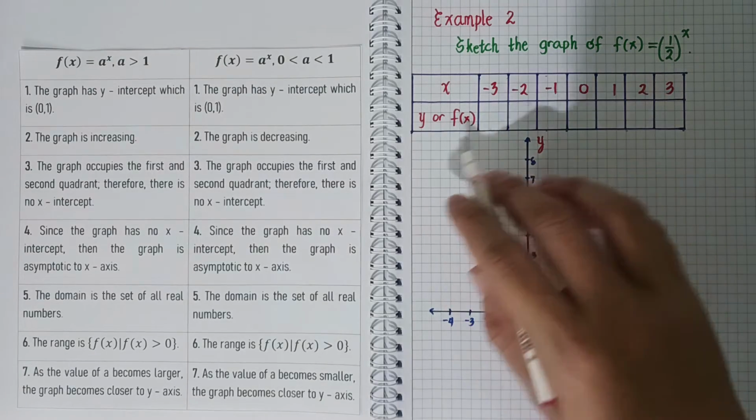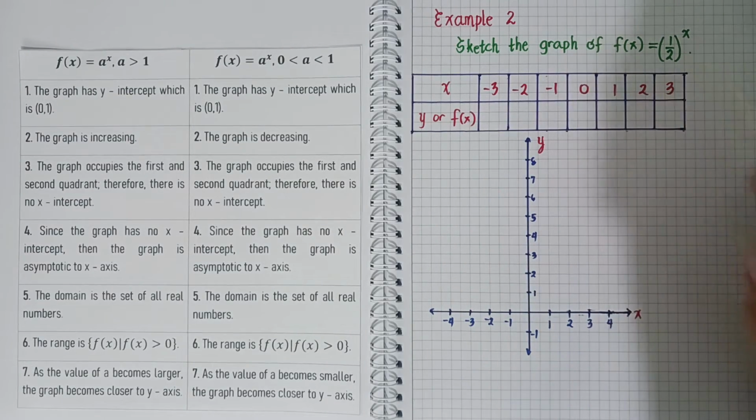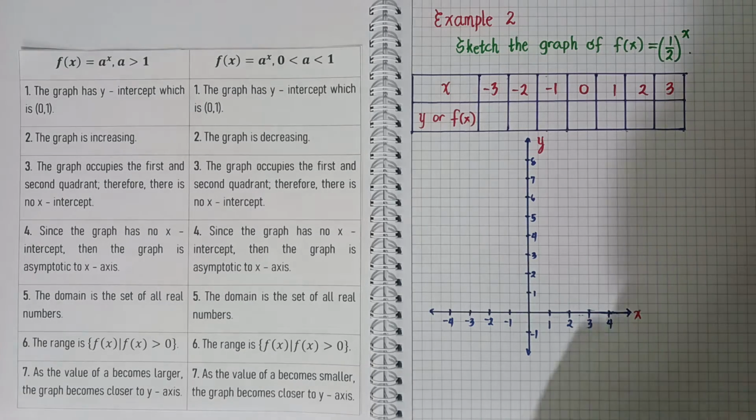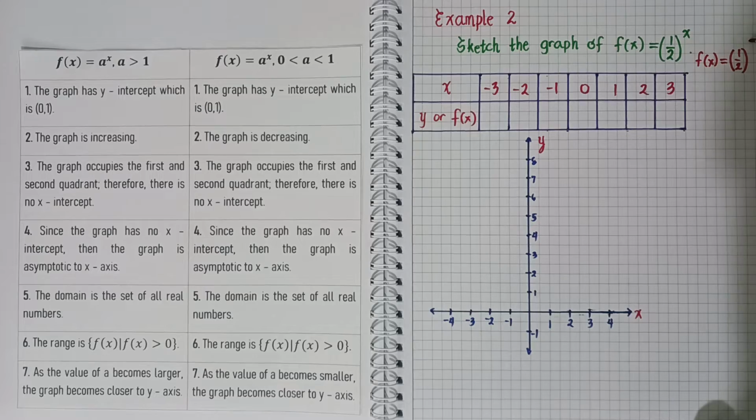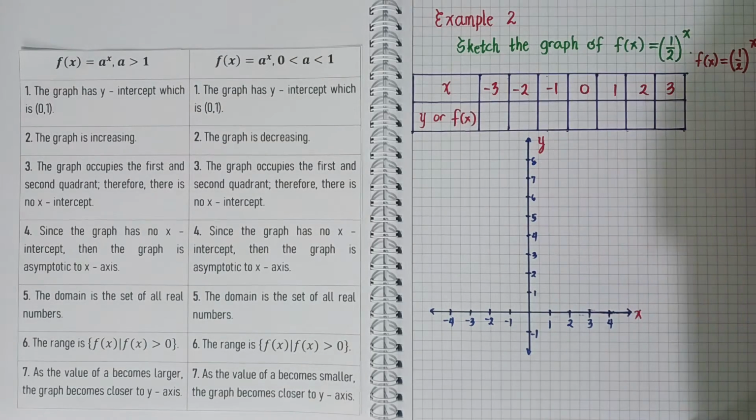Okay, so negative 3, when x is equal to negative 3. Sige, mag-solve muna tayo ng isa. So, f of x equals (1/2) raised to x. When x equals negative 3, this becomes (1/2) raised to negative 3. Okay, diba? Ito ay 1 raised to negative 3 over 2 raised to negative 3, right?